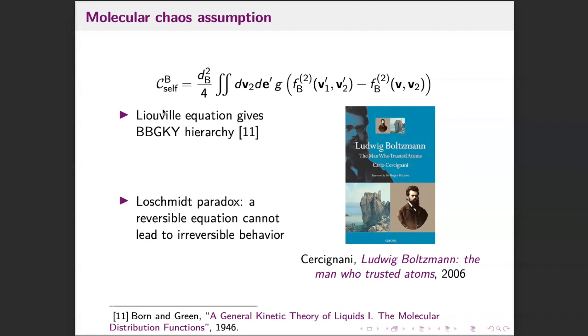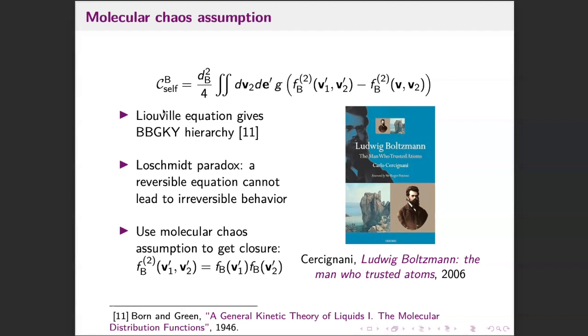that's related to the Loschmidt paradox, because the Liouville equation is time reversible, but if you truncate like this, then this will introduce the arrow of time into your equations, because now you put the moment before a collision and the moment after a collision on unequal footing.